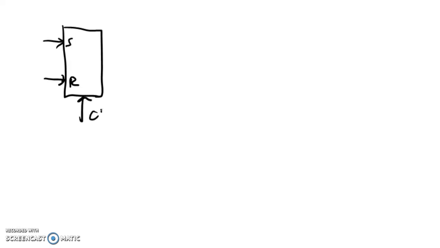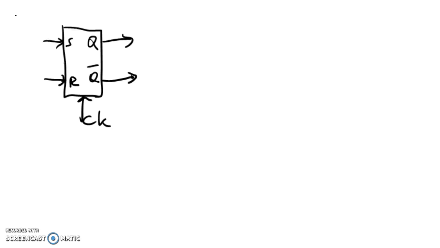So let's start with what you already know. It is an SR flip-flop, which has two inputs, S and R, which are called set and reset. There will also be a clock, or CK for short, not CLK, CK, and Q and not Q on the outputs.